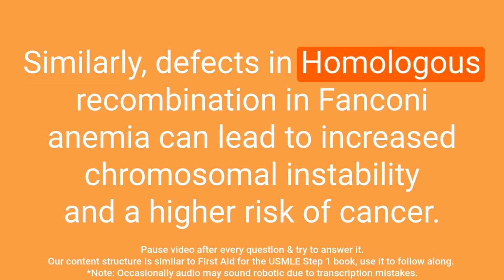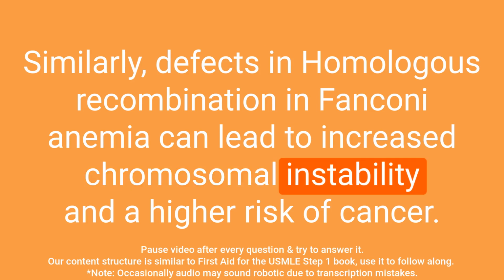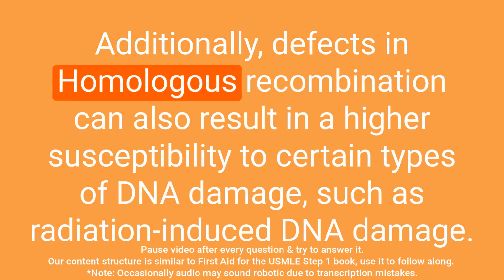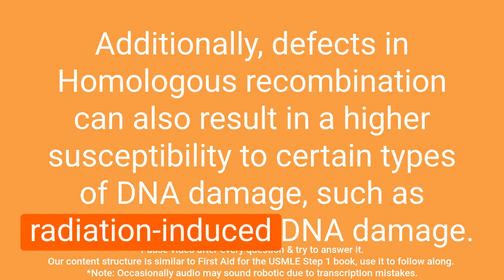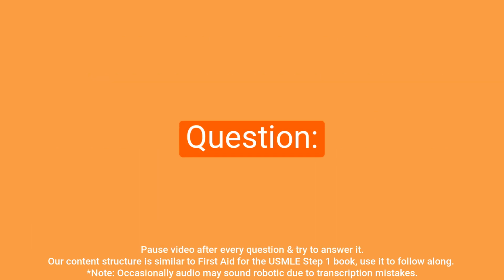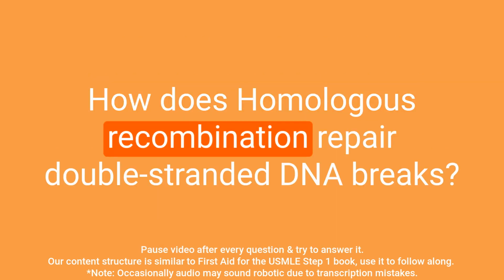Similarly, defects in homologous recombination in Fanconi anemia can lead to increased chromosomal instability and a higher risk of cancer. Additionally, defects in homologous recombination can also result in a higher susceptibility to certain types of DNA damage, such as radiation-induced DNA damage.